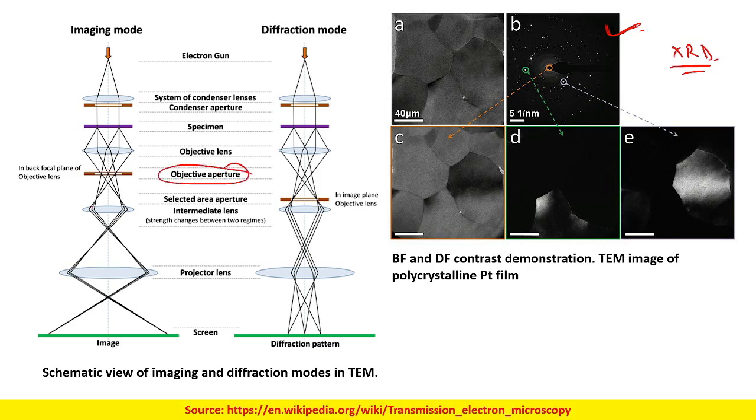When you are doing the imaging, this objective aperture is far apart from the focal point, where the electron beams get focused. However, when you go for the diffraction mode, this objective aperture is placed at the focal plane, and when you place it, you get these diffraction patterns from there. Okay.